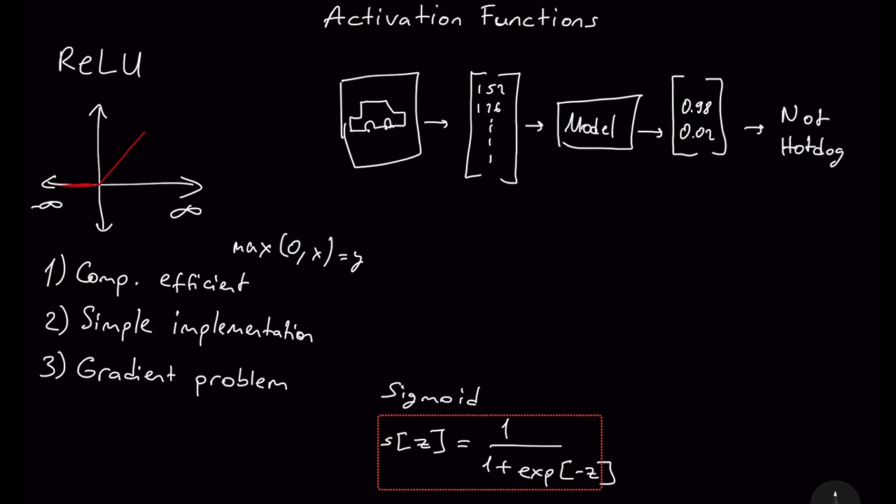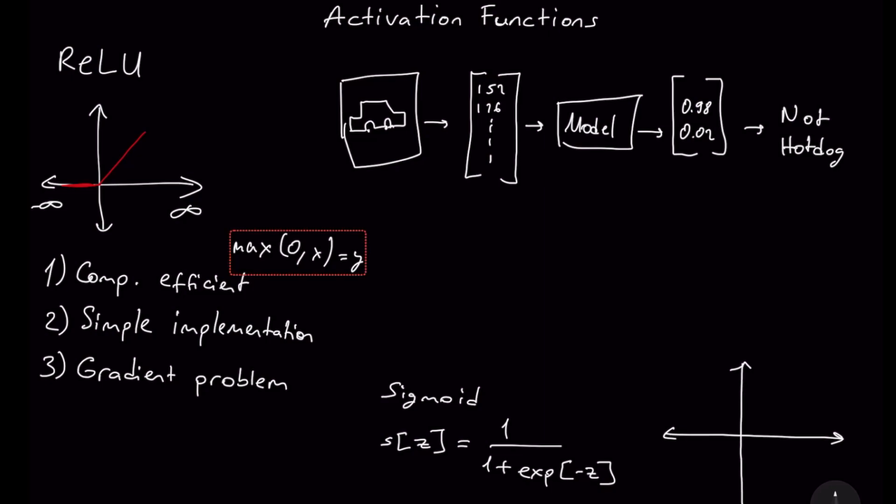So you can bear with me on this formula. It looks complicated, but it's not. So if we just draw the function here, same way we did for ReLU, I'll put it here. What it does is it creates the probability distribution and squeezes the numbers between 0 and 1, right?